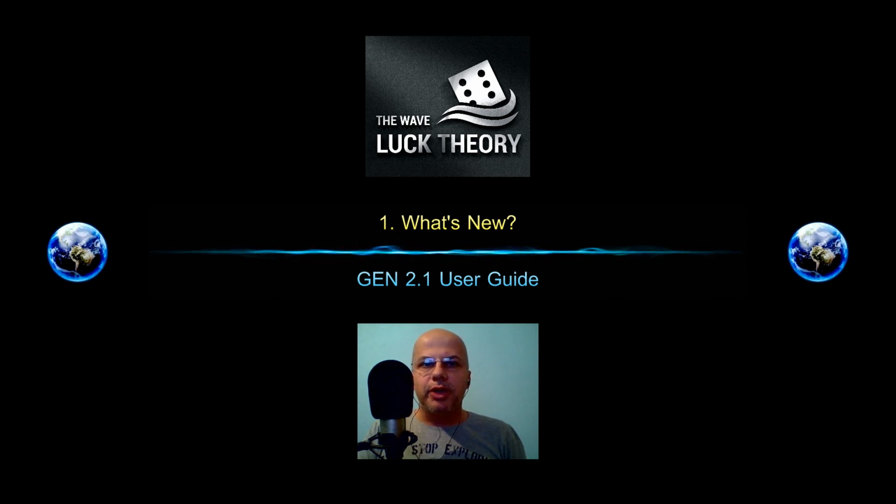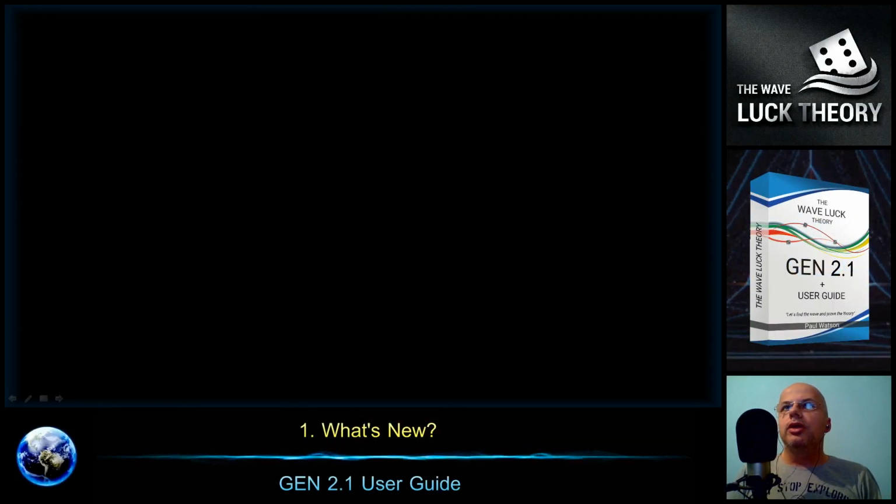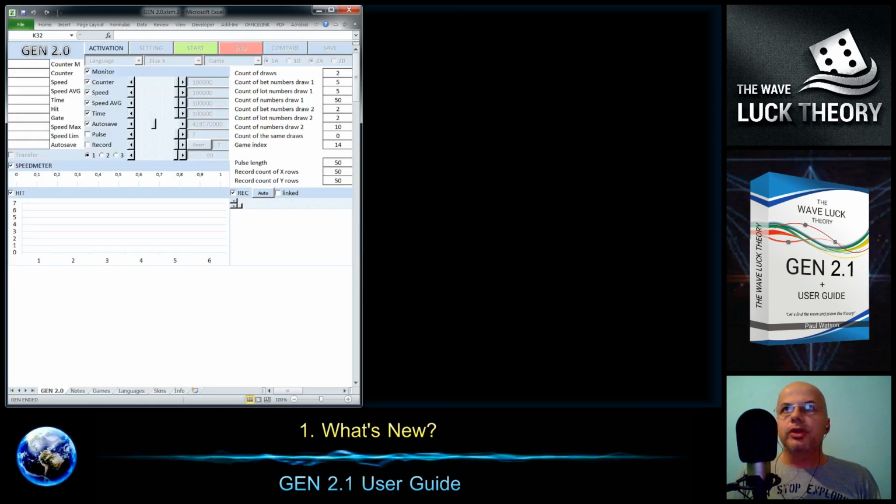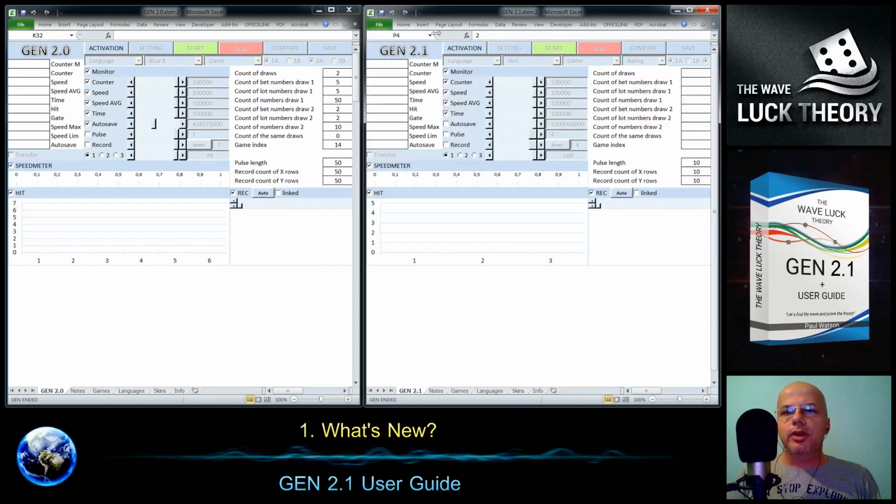Today I will present what is new in the Gene 2.1 compared with the previous version Gene 2.0. When we place both versions one beside the other, we can see that there is a new function called rating that appeared between the games and modes.